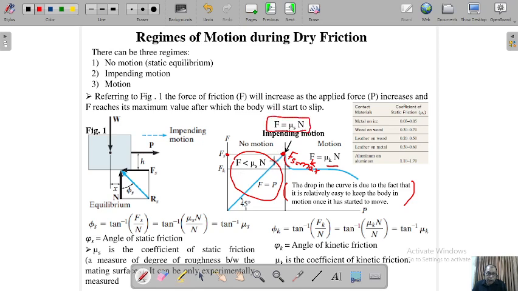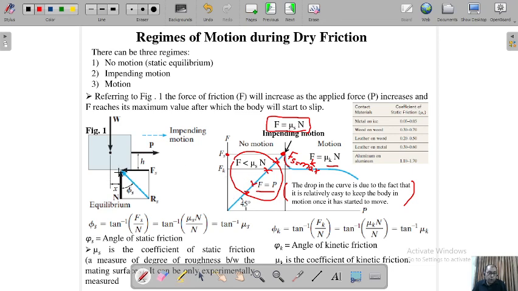And this is F equals P. This force P is being represented as the force which is creating the motion, and it is also equal to F. Not Fs but F.